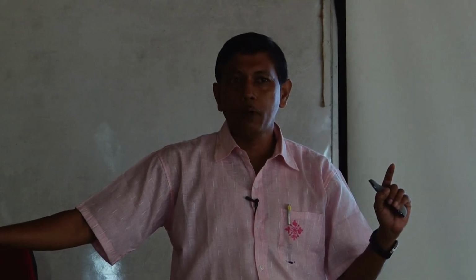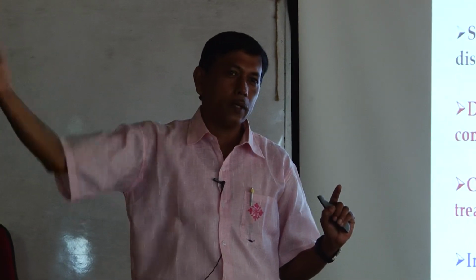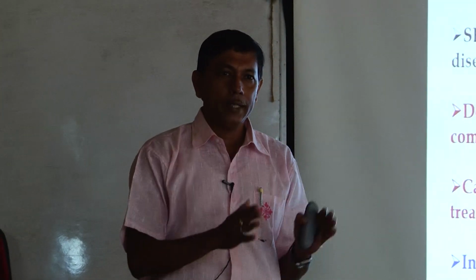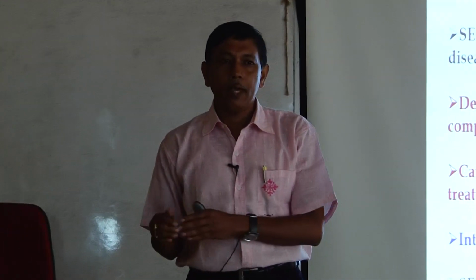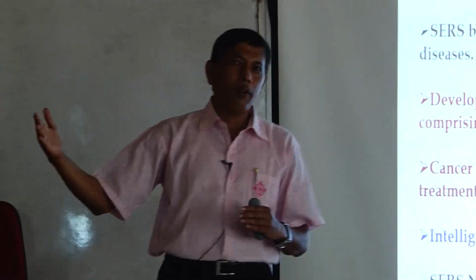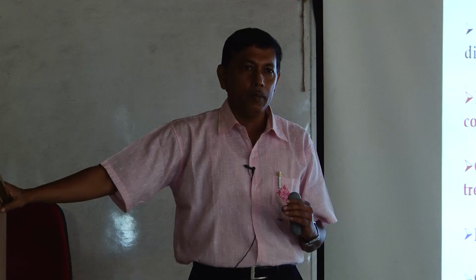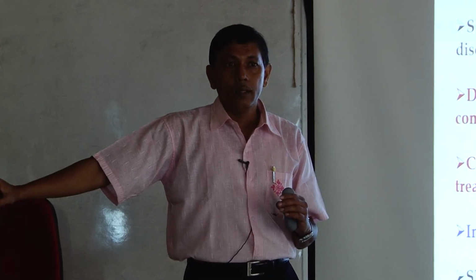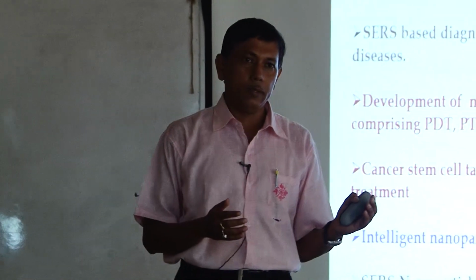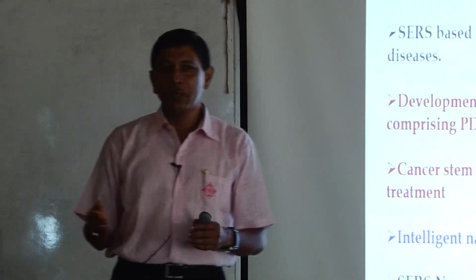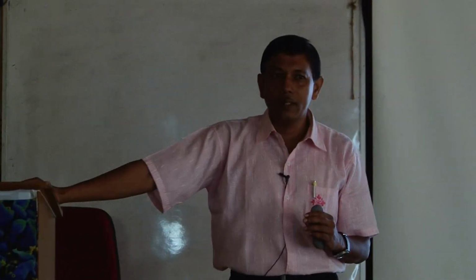It starts from 488 to 1100 something, but it is a single laser: 488, 532, 633, 785, 835 is also available, and 1100 also is available. In a single instrument you can couple 2, 3, 4 lasers together, commercially available. In our institute we use an instrument having 2 lasers, one is 633 and another is the NIR.